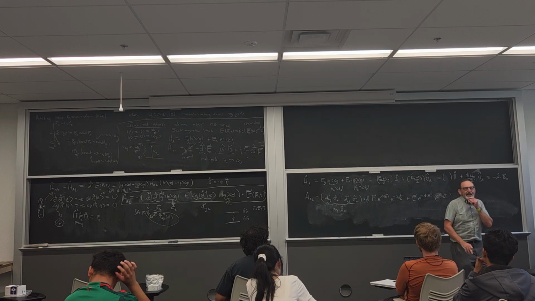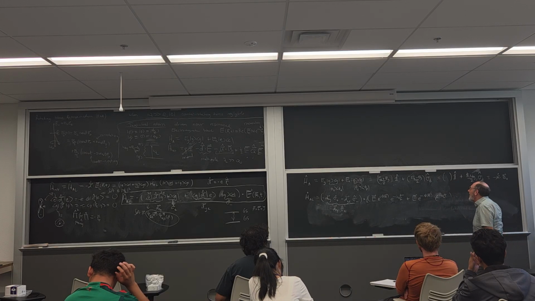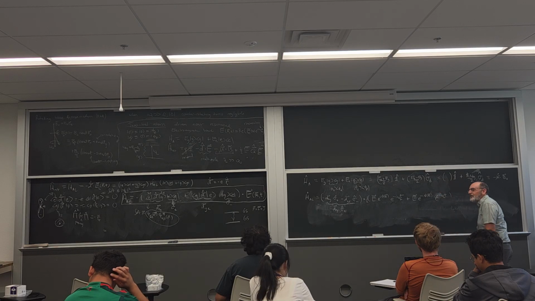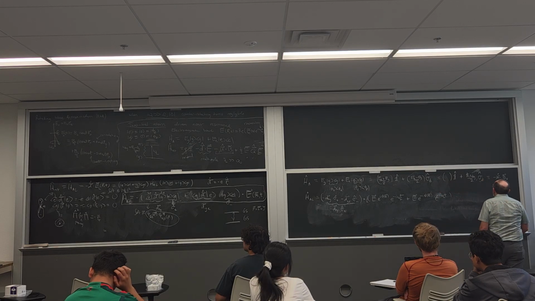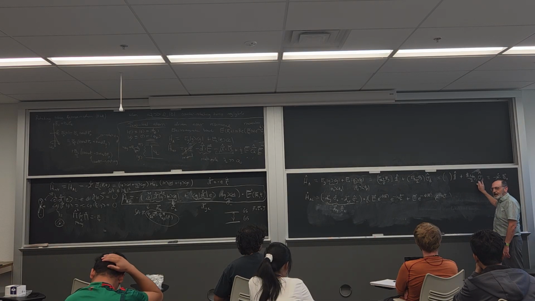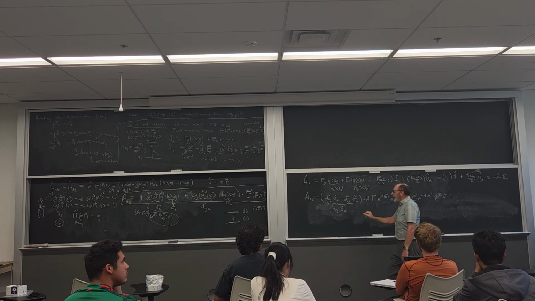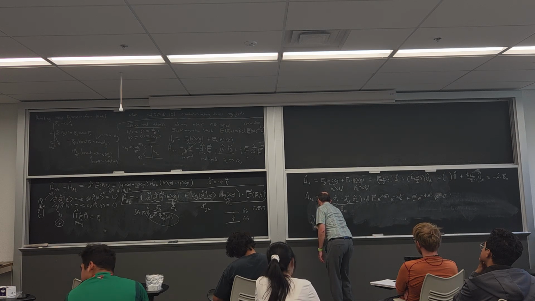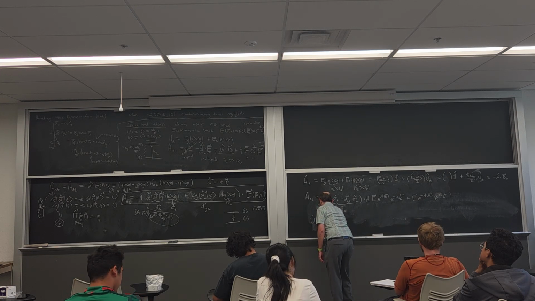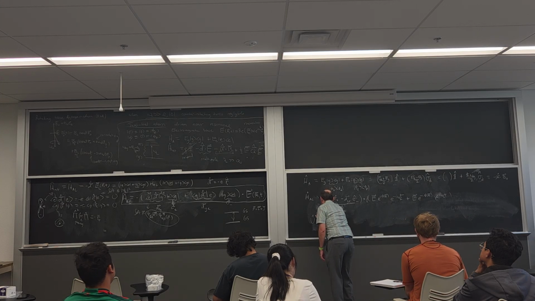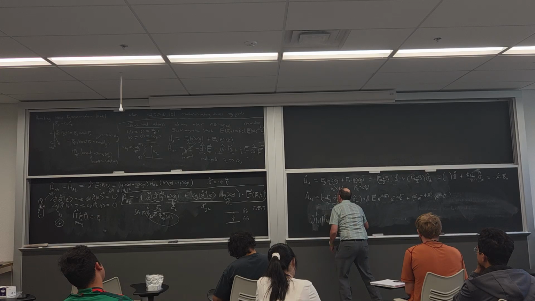Okay? So now I go into the rotating frame. My Hamiltonian is this and this. I go into the rotating frame, and I rotate at the frequency of the laser.